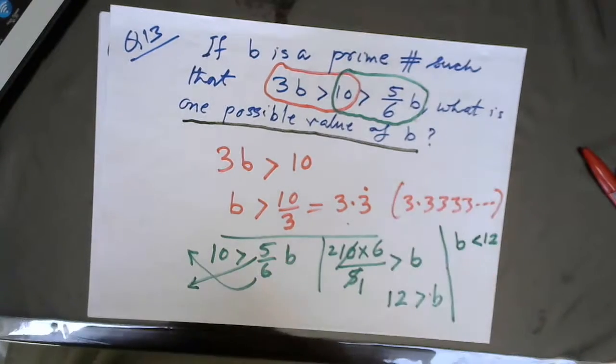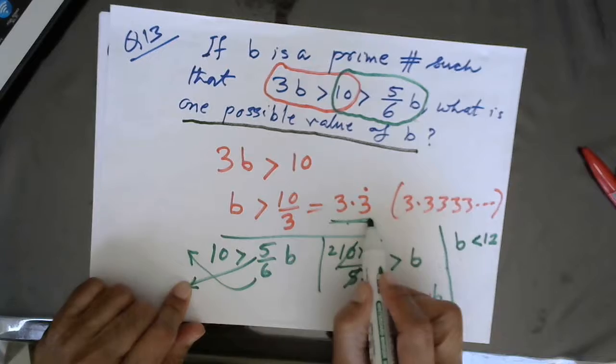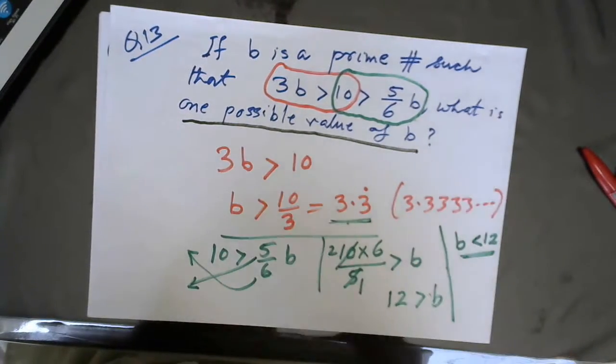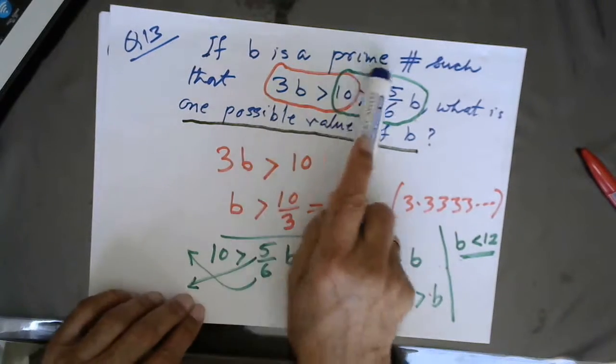Now here b must be greater than 3.3 and b must be less than 12, and b has to be a prime number.